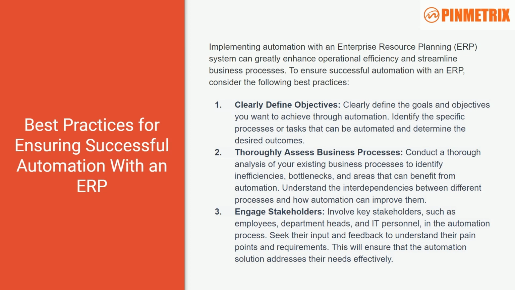When you correct that manually, then you are good to go with automation. So thoroughly assess business processes. Conduct a thorough analysis of your existing business processes to identify inefficiencies, bottlenecks, and areas that can benefit from automation. Understand the interdependencies between different processes and how automation can improve them. Engage stakeholders.